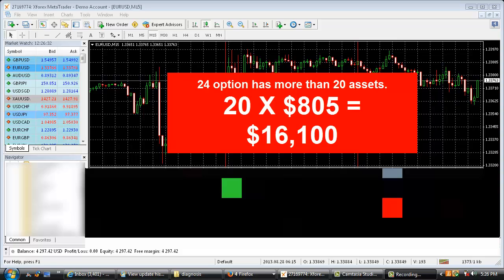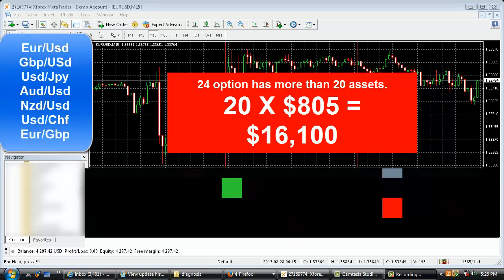Even if you talk about the big four, not the soccer clubs, the big four currencies: the Euro USD, the Pound USD, the Aussie dollar and the New Zealand dollar. Actually, there are more.